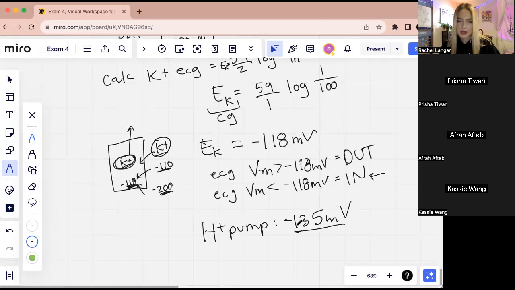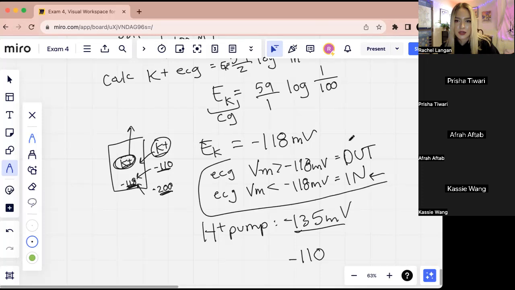Whereas if we inhibit the hydrogen pump activity, and the membrane potential isn't so negative anymore, maybe like negative 110, well, now potassium wants to actually move out. So this is what I'm getting at when I say there's nothing special about the hyperpolarization gated channel or the voltage gated channels causing potassium to move one way or the other. It all has to do with whatever the ECG is.